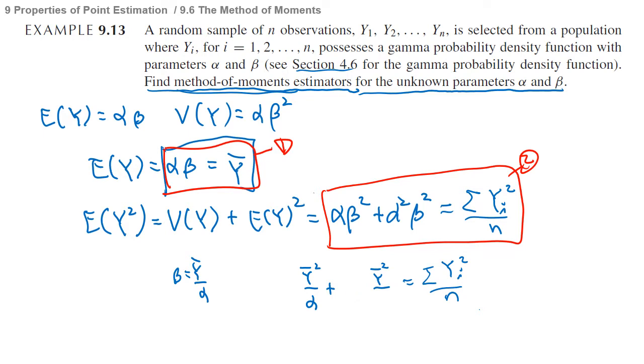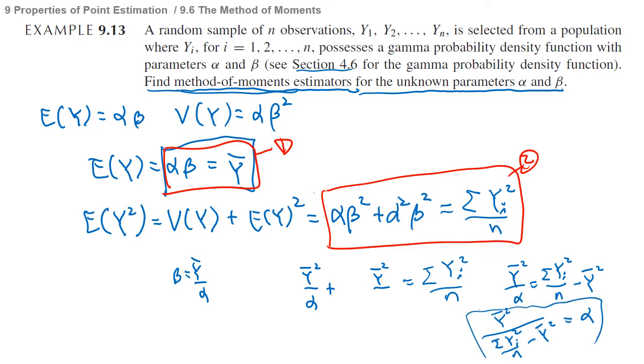From here, y bar squared over alpha is the sum of yi squared over n minus y bar squared, and alpha goes to this side: y bar squared over the sum of yi squared over n minus y bar squared. Okay, so this is our alpha hat.